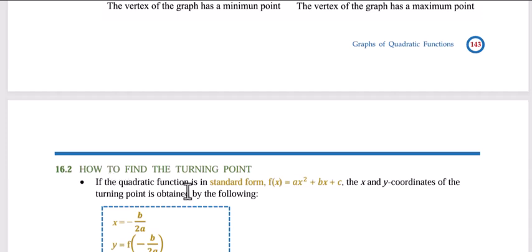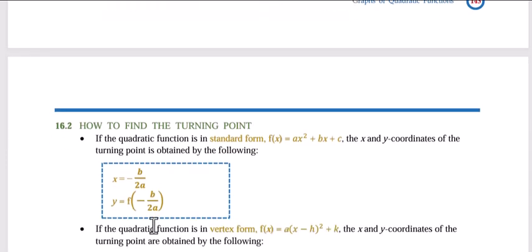If the quadratic function is in the standard form f of x equals ax squared plus bx plus c, the x and y coordinates of the turning point are obtained as follows: x equals negative b over 2a, and y is equal to the function evaluated at that x.